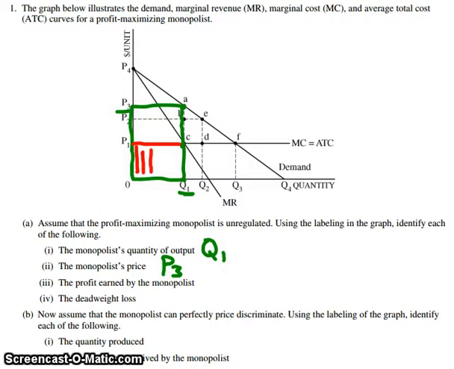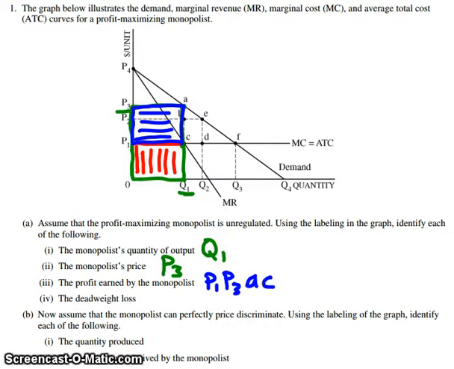So this area down here would represent total costs, and then that would leave us with the area here in blue, P1, P3, A, C. So use the letters to designate P1 to P3, A, C.